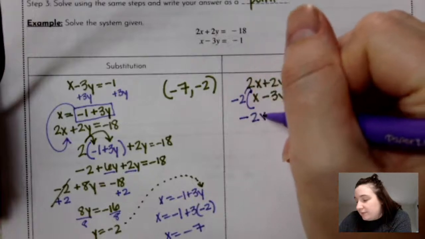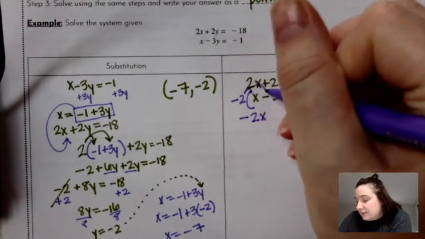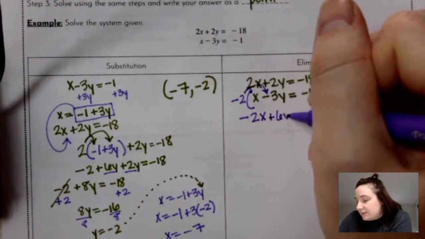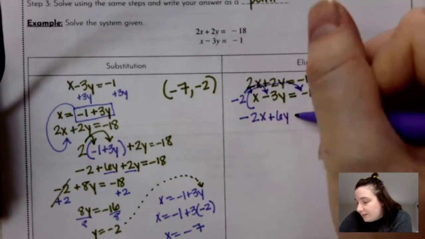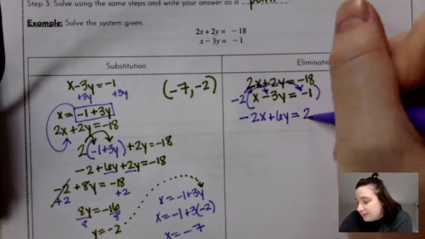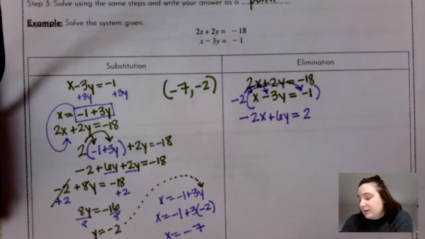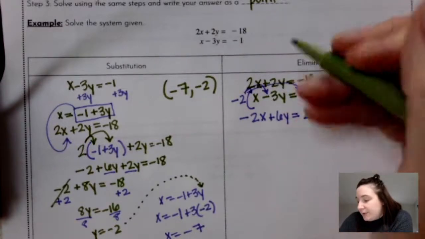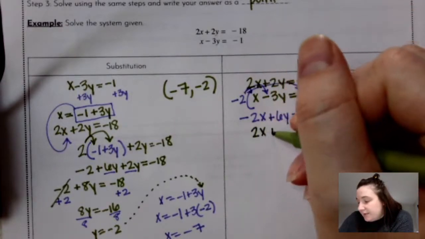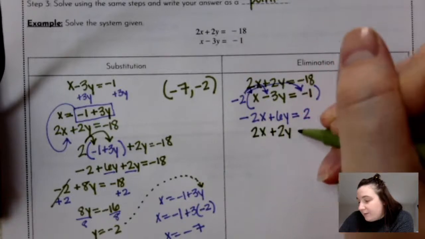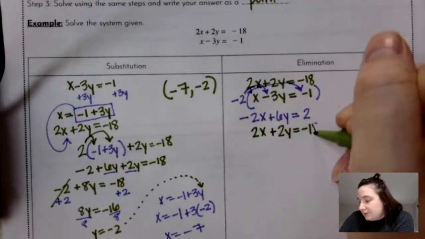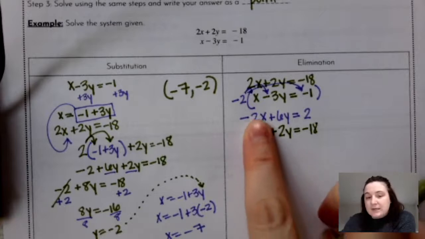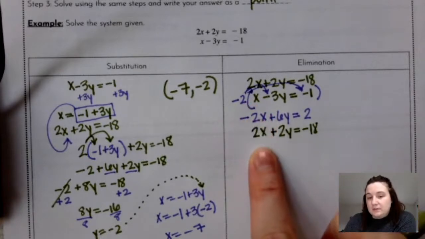So we got negative 2x plus 6y equals positive 2. And now I'm going to bring down this one that we didn't touch so that it's lined up and set up for elimination. And now you can see these are going to cancel.